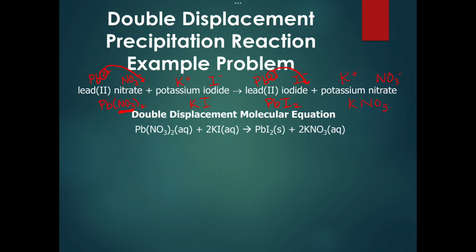Potassium iodide is aqueous because potassium is always aqueous. Lead iodide would be one that we would need to go look up. If you looked up lead iodide, you would see an I there for an insoluble solid. Therefore, that gets an S to say it forms a solid in solution. And then potassium nitrate is always aqueous because both potassium and nitrate are aqueous ions.